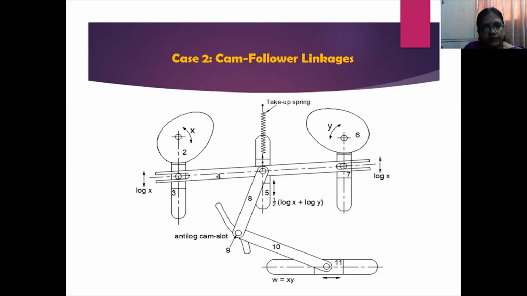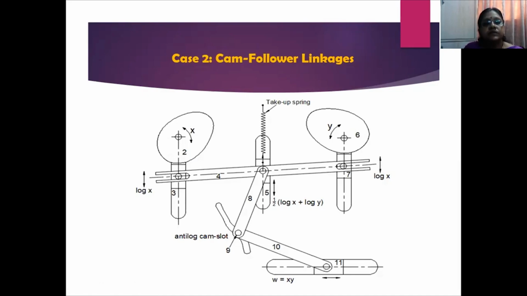You can give them in the similar direction or in the opposite direction. Once that is done, the respective followers are displaced from their position in the vertical direction. So link 3 and link 7 get displaced. The displacement of the follower is a logarithmic motion, that is, log x.